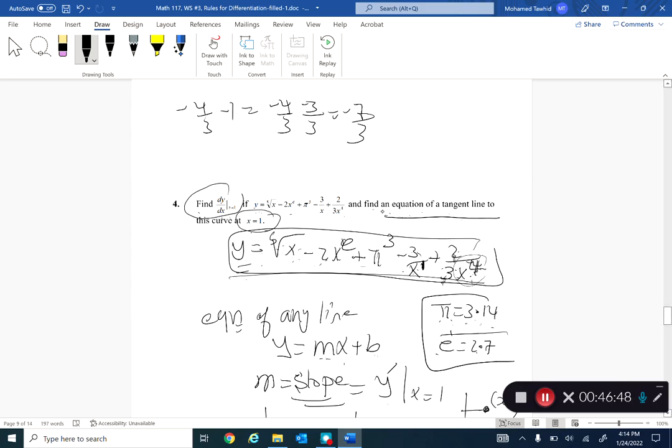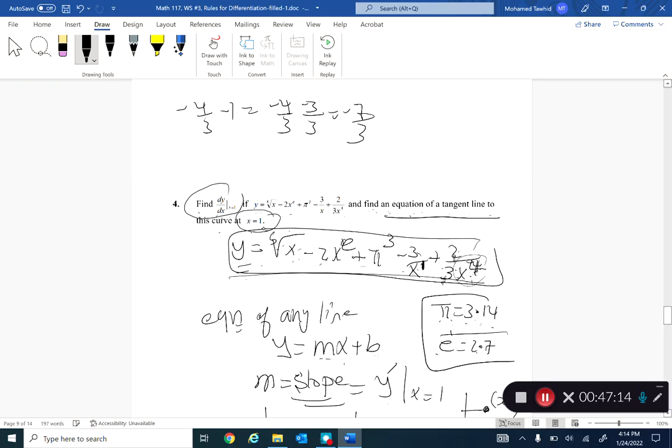And then the second question, they ask you to find an equation of the tangent line to this curve at x equals 1. So now what is the derivative here? The derivative is the slope of your tangent line. What is a tangent line? The line that touches the curve, or the graph, at one point.